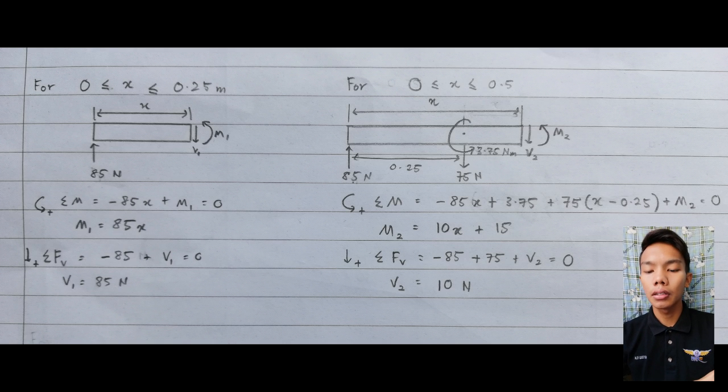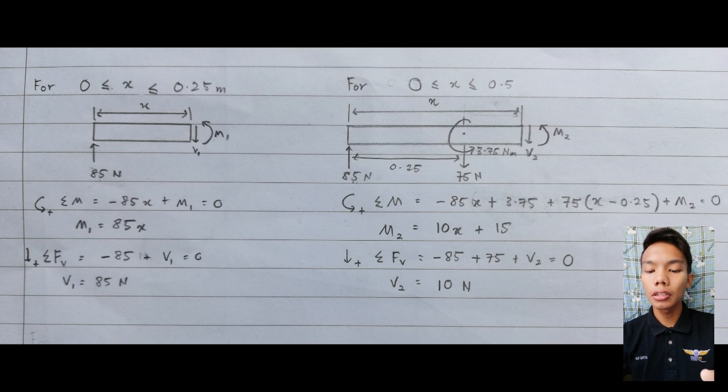So for the total moment, moving from left to right, we have negative 85x plus 3.75, which is the moment at C, plus 75 times (x minus 0.25) plus M2 equal to 0. So M2 is equal to 10x plus 15.